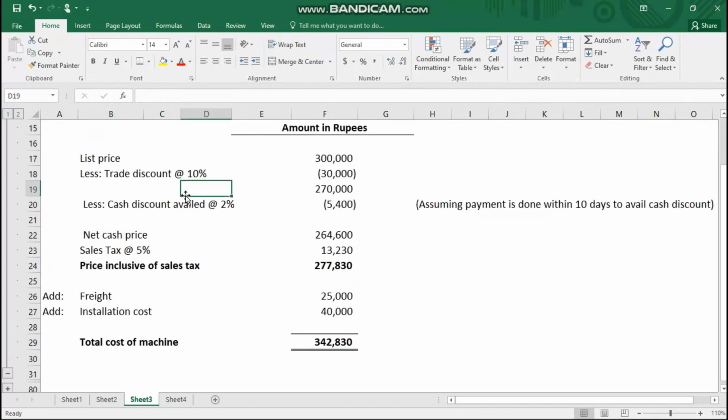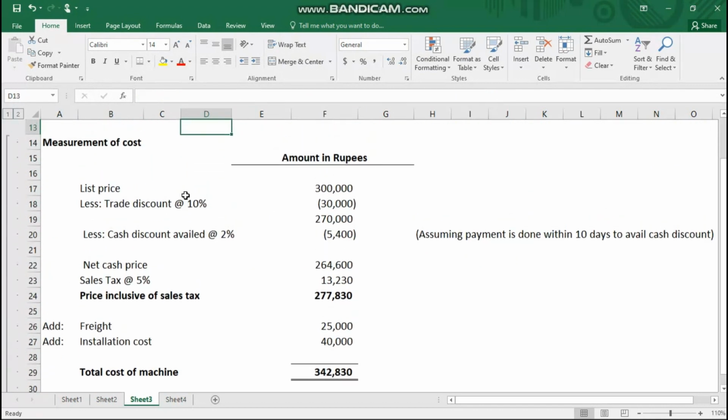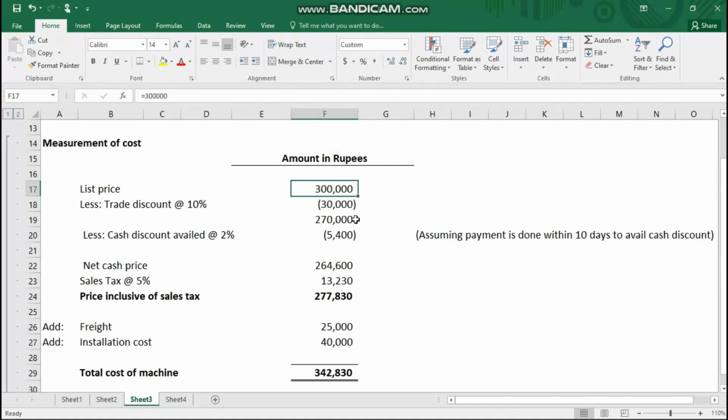So here I computed the cost, and this is the measurement of cost. First of all, we see the list price, and all these amounts are in rupees. The list price is 300,000, and we were given the information that a trade discount of 10% is given on the list price.